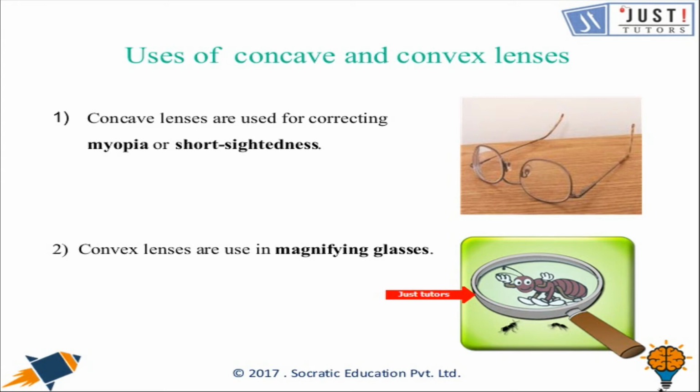It is used in case the patient has hypermetropia. Myopia is a disease of the eye in which distant objects become blurry whereas nearby objects are normal. Hypermetropia, on the other hand, is a defect in which the distant objects are normal but the nearby objects become blurry. In both cases, we use lenses to correct them.